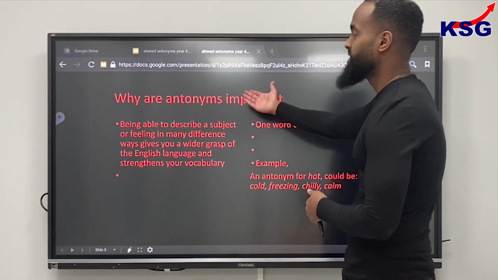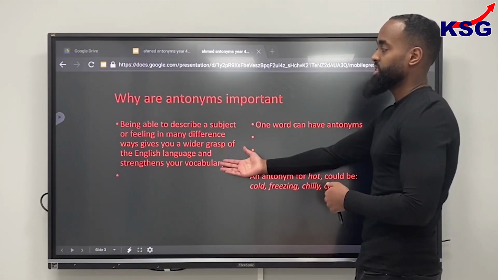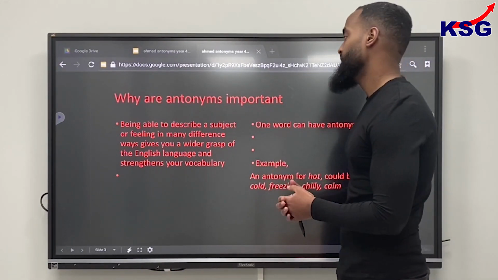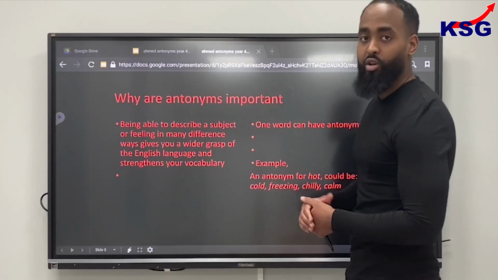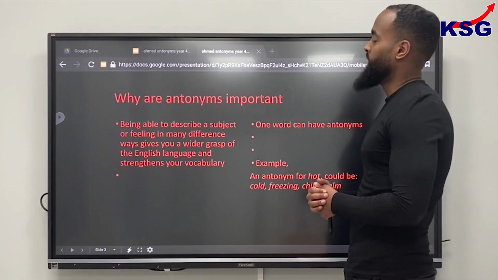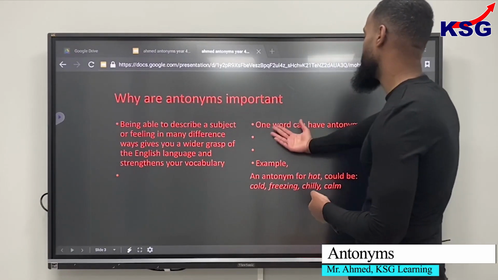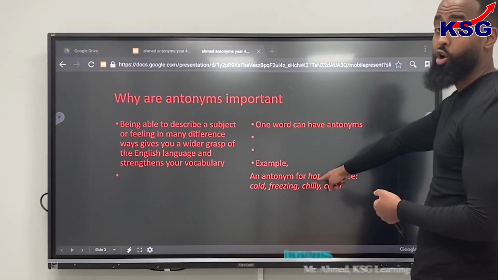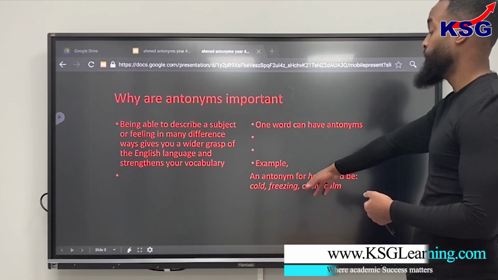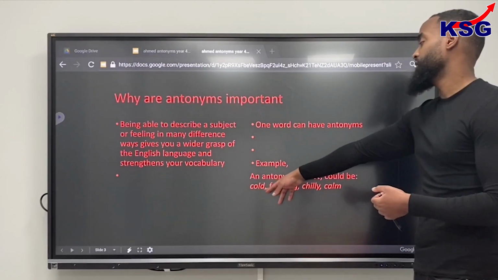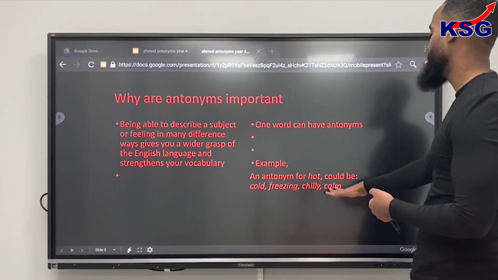Now, why are antonyms important? As you can see here, being able to describe a subject or feeling in many different ways gives you a wider grasp of the English language, and it also strengthens your vocabulary. So for example here, an antonym for the word hot, so opposite words, should I say, for the word hot, could be cold, freezing, chilly and calm.